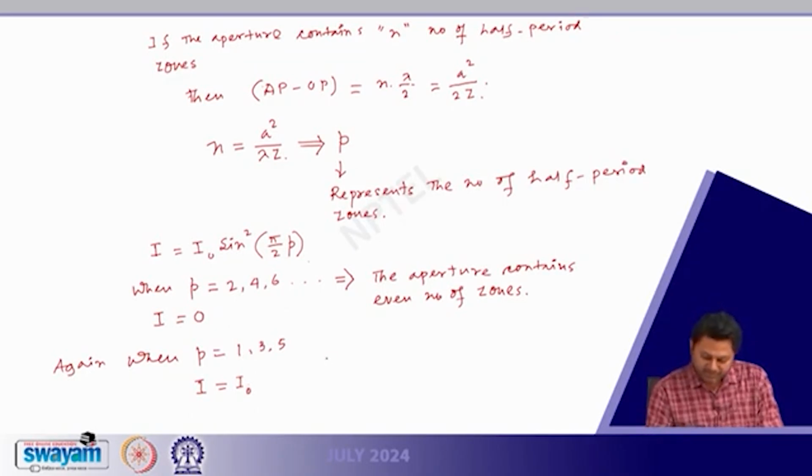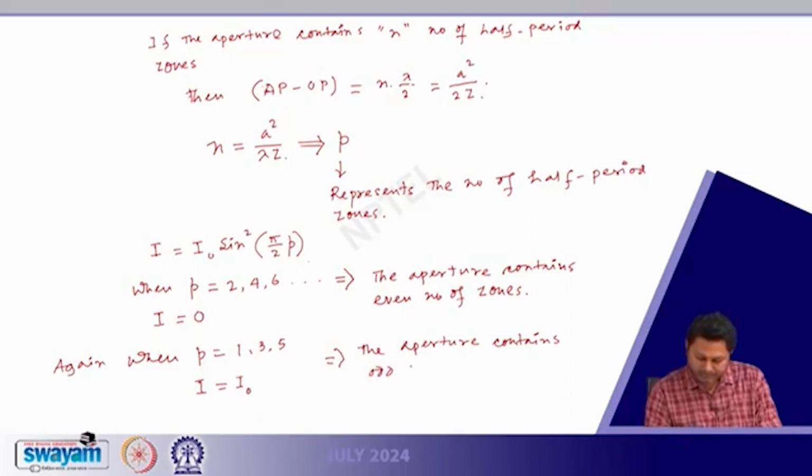That means here the aperture contains an odd number of zones.